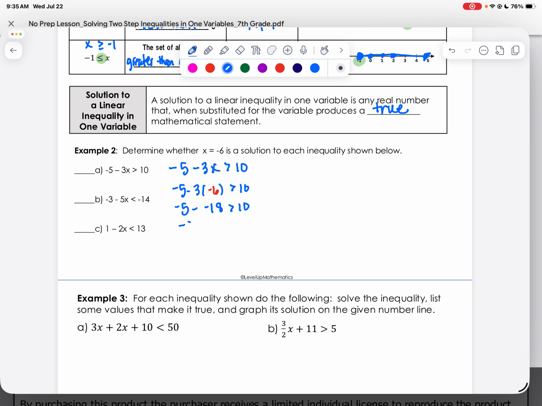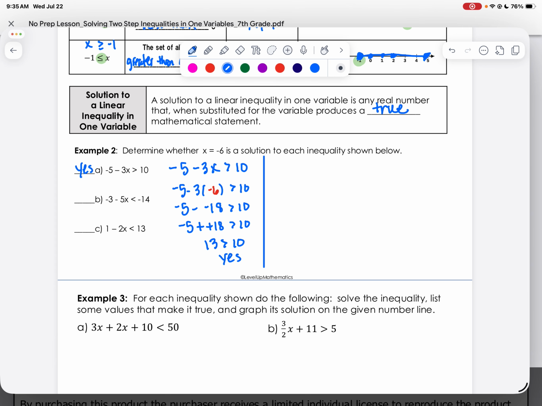So remember, we got to write subtraction as addition of the opposite. So -5 plus 18 would be 13. Is 13 greater than 10? Yes, that's a true statement. So yes, -6 is a solution to the first inequality.